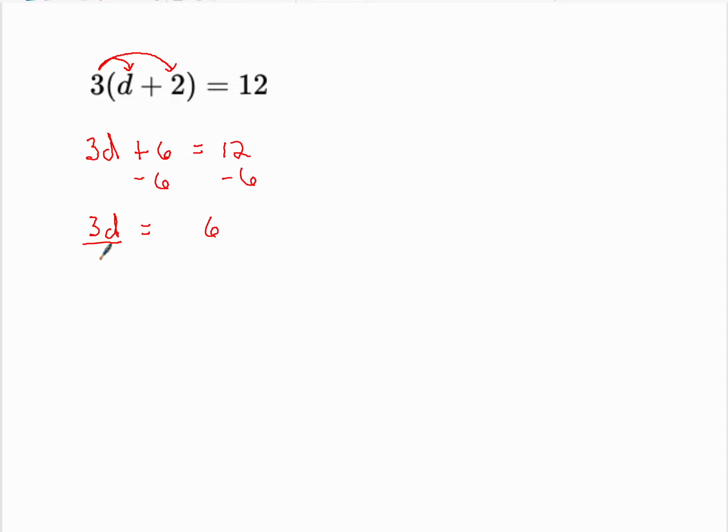And then that last step, of course, is always divide. So d equals 2. And that is all you have to do. Yeah, that's it. Just work our way through some more examples.